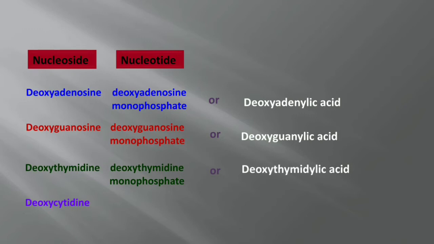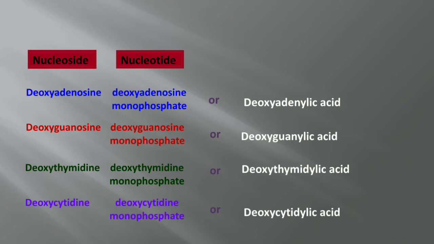And the last one, deoxycytidine combines with phosphate group to form deoxycytidine monophosphate, dCMP, or deoxycytidylic acid. So 4 nucleotides are formed.